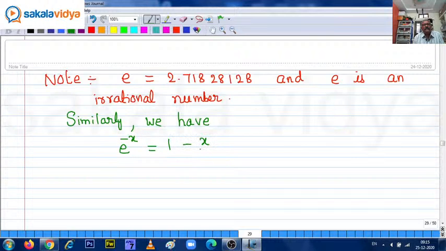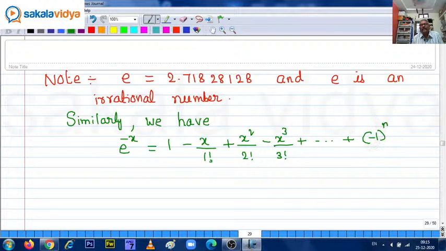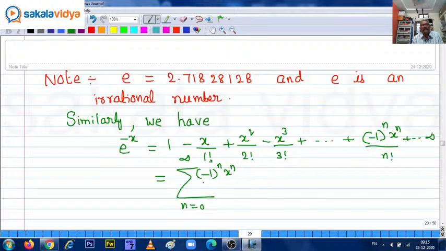It is 1 minus x upon 1 factorial plus x square by 2 factorial minus x cube by 3 factorial and so on, up to minus 1 to the power of n x to the power of n by n factorial, plus and so on to infinity. This shortly we can write as sigma, n equals 0 to infinity, minus 1 to the power of n x to the power of n by n factorial.